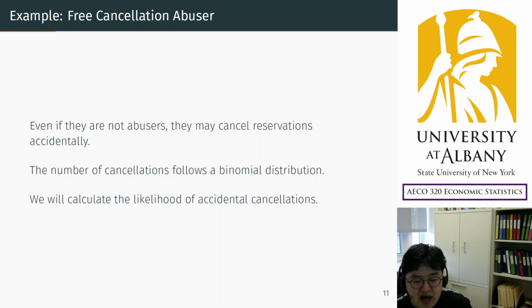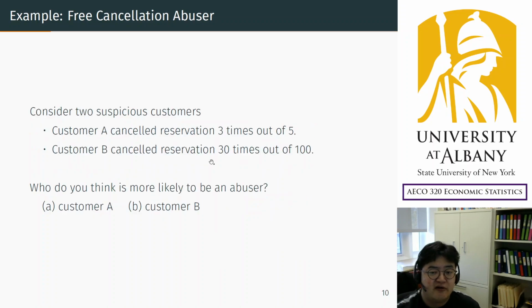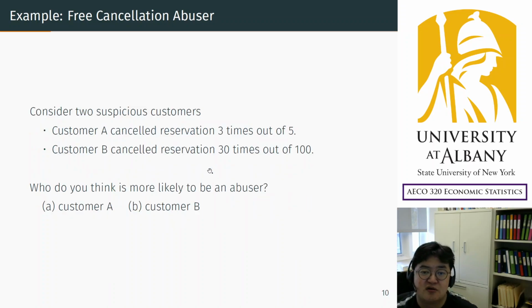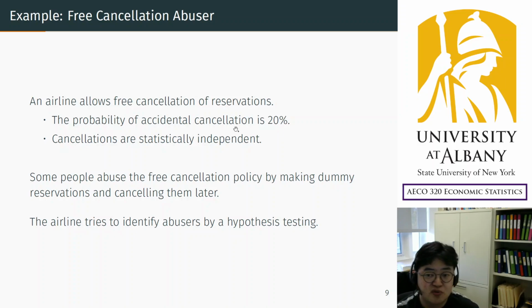So I am going to calculate the probability of these many cancellations when they are good customers. We can calculate that because we know the distribution follows a binomial distribution, right? We assumed the cancellation probability is 20% and independent.